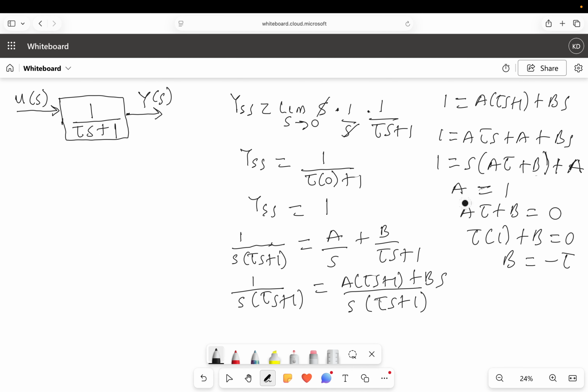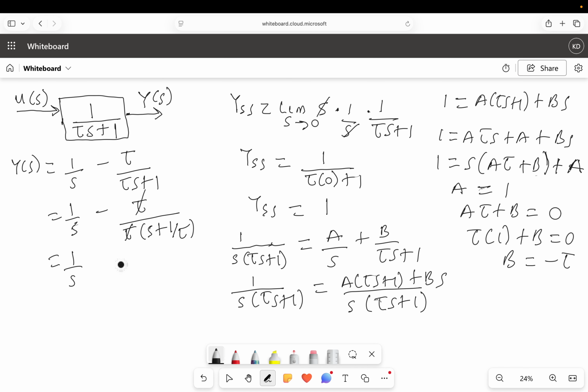If I substitute the values of A and B, I will have Y(s) is just 1 over s minus tau all over tau s plus 1. That is 1 over s minus tau all over tau into s plus 1 over tau. So tau will cancel tau, and I will have 1 over s minus 1 over s plus 1 over tau.